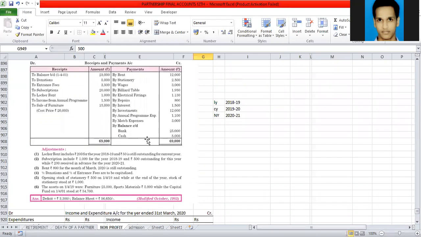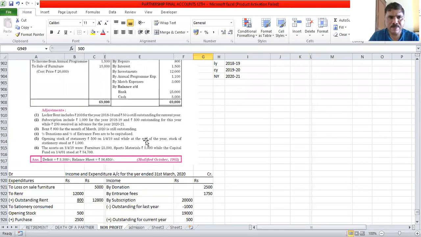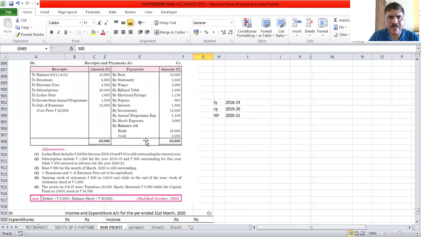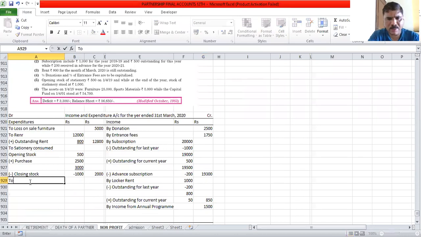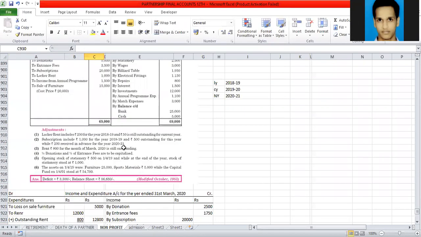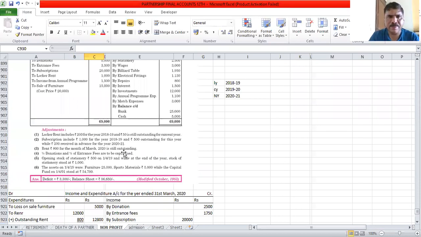Yes, sir. Next we have wages. Where do we take wages? Expenditure, expenditure to wages. Amount is 3,000. Next I have the billiard table.